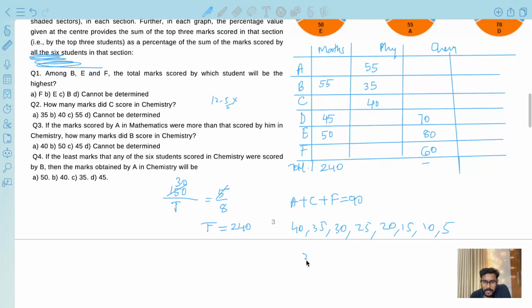One possibility is 40, 30, and 20. Any other possibility? 35, 30, and 25, that is 90. Right. Any other possibility?